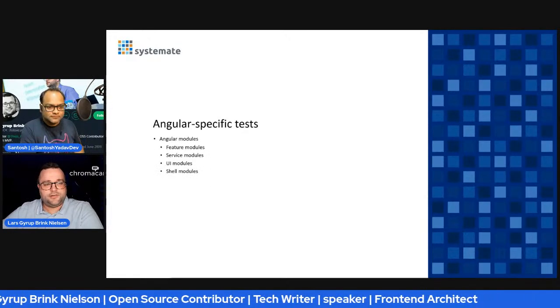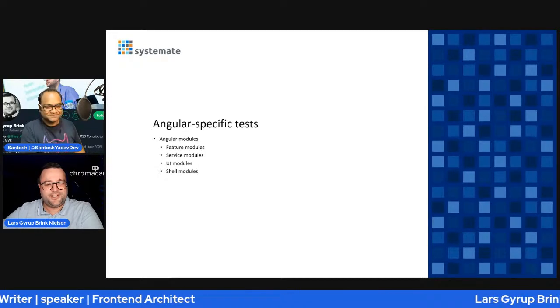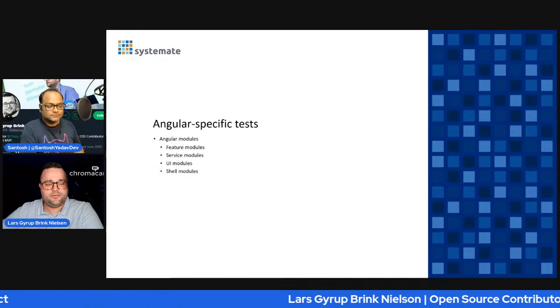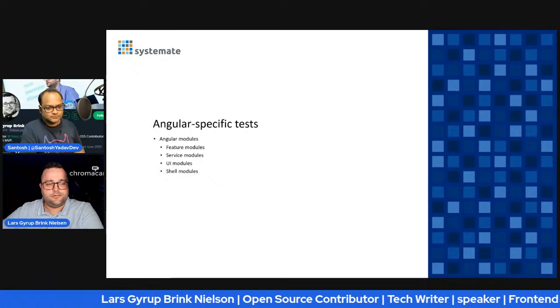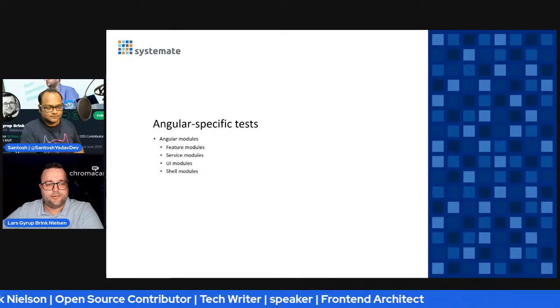Even for Angular modules, there's different ways of testing them depending on the type of module, and there's many types of Angular modules, even more than we see here, but those are some of the more important ones. We have a feature module, which can be routed and usually includes many components and many routes.